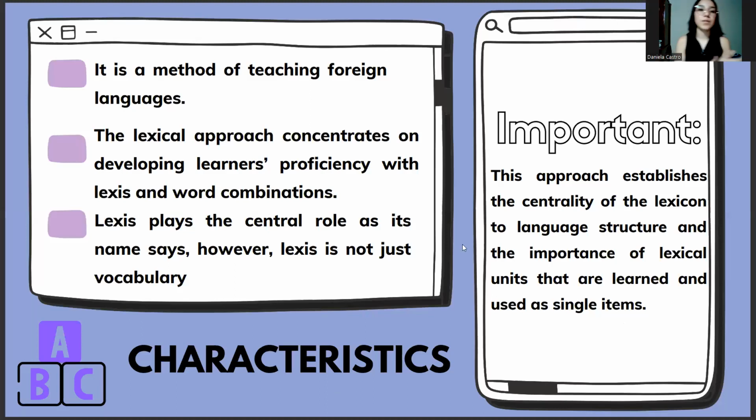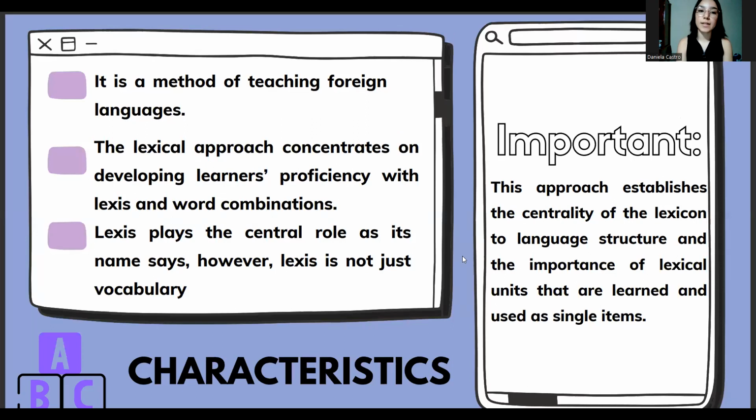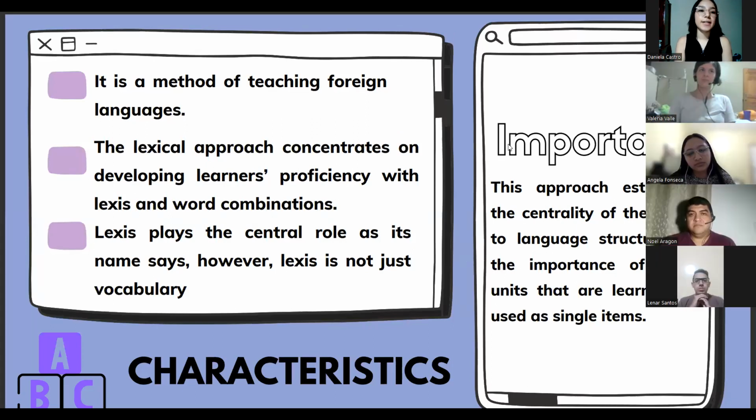Okay, so now let's talk about lexical approach characteristics. As you can see here, the first characteristic says it is a method of teaching foreign languages. And why is that?